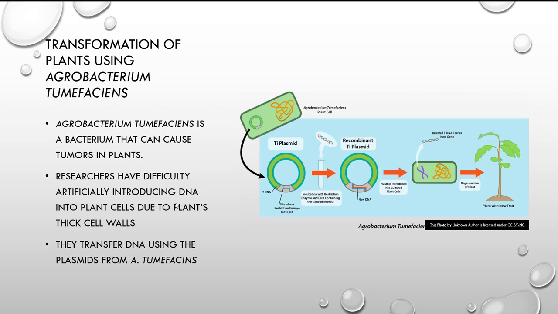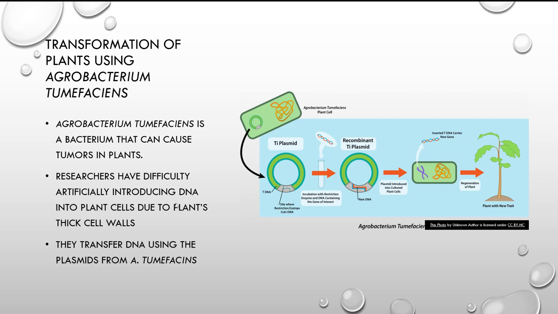So a lot of the plasmids that we use to get the desirable DNA into the plant come from Agrobacterium tumefaciens. Agrobacterium tumefaciens is a bacterium that can cause tumors in plants. We don't actually want the tumor, but it's easy to get it into the plant because it's used to invading plants in the first place.